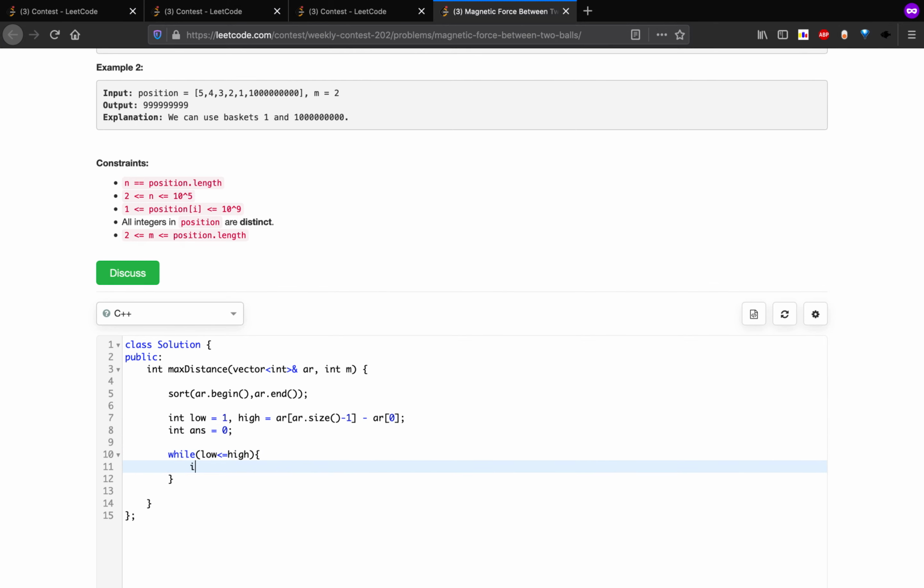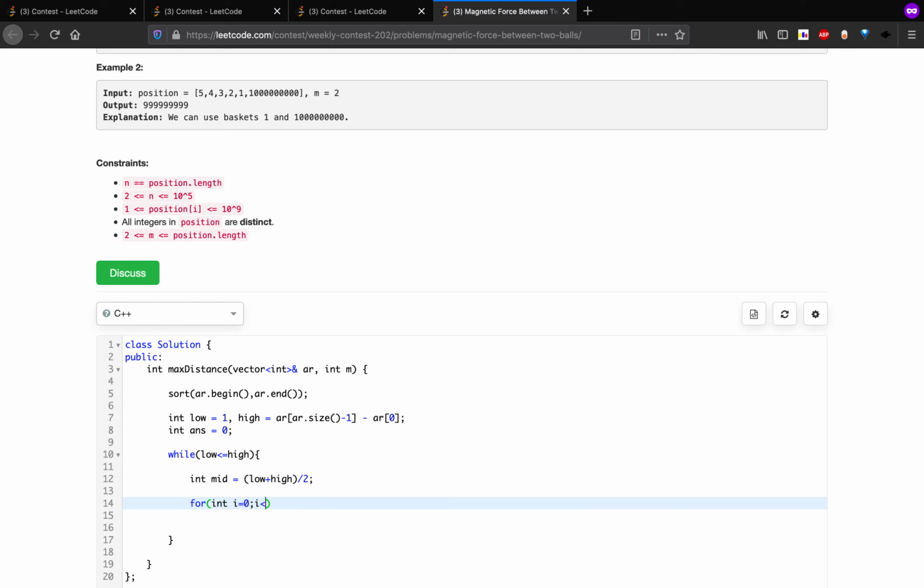Now we do a binary search, so int mid equals low plus high divided by 2, right? Now for int i equals 0, i is less than ar dot size, i plus plus.